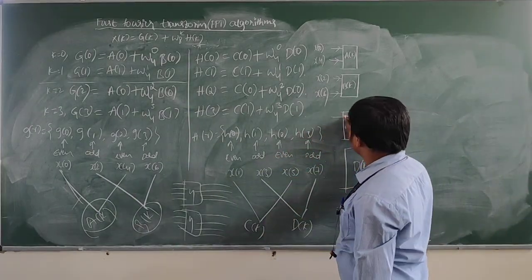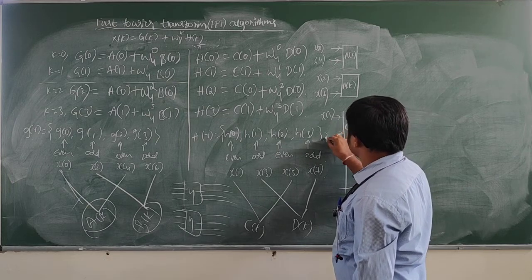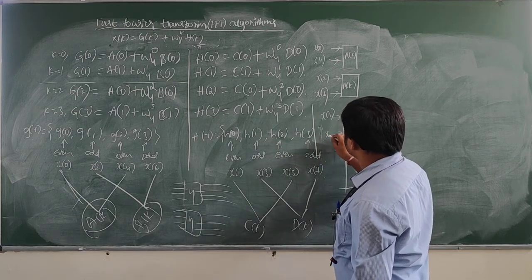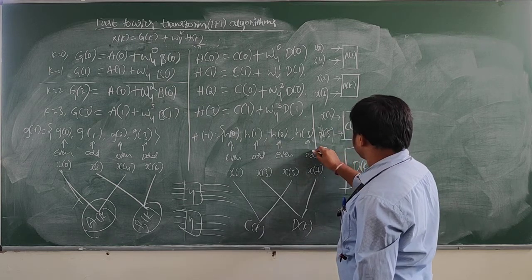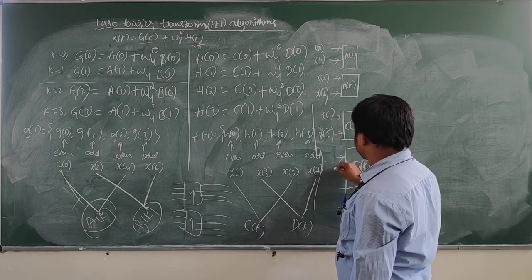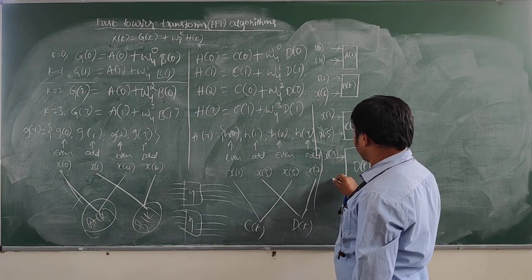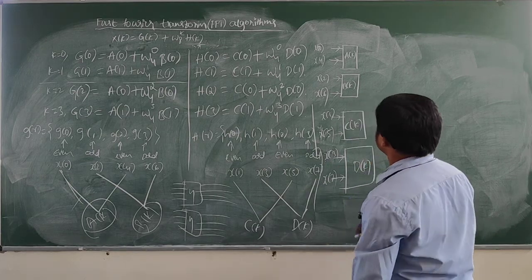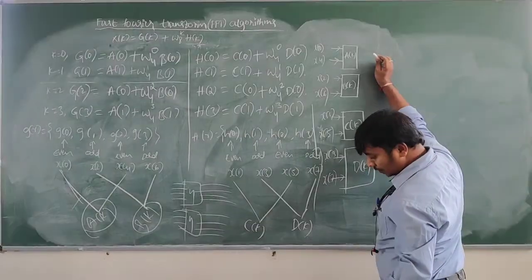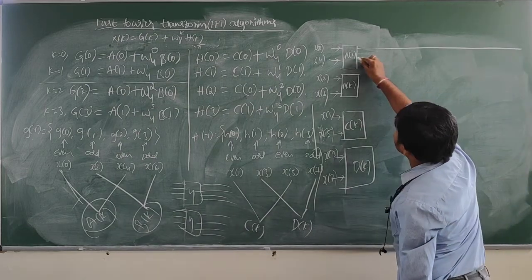It is x of 1 and x of 5. Okay, so here the input for D of k is x of 3 and x of 7. Okay, so now extend these lines.